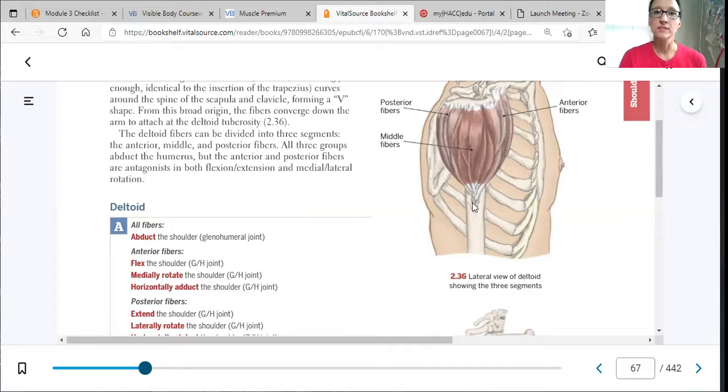We've got the insertion moving towards the origin, like that. It helps if you make sound effects, okay? That's abduction of the shoulder, abduction of the shoulder. Remember, to abduct is to move away from the midline if you're talking about a limb. Abduct the shoulder, okay? That's all the fibers.